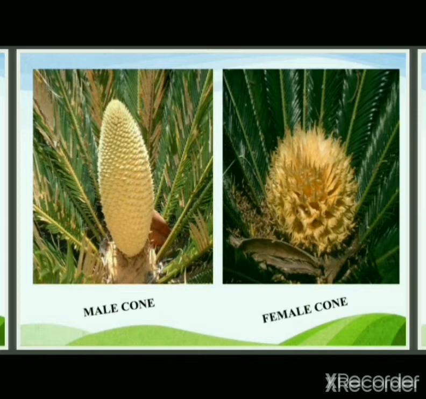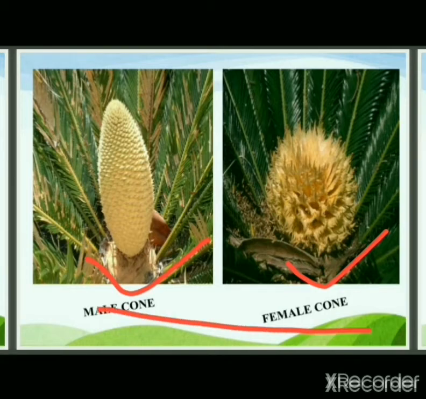So this structure shows the male cone and this structure shows the female cone. These are examples from the Cycas plant, male cone and female cone.